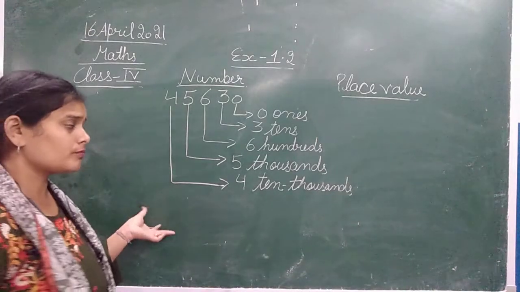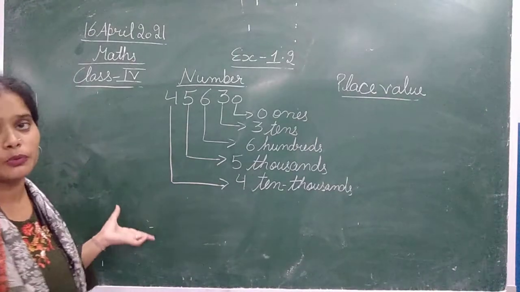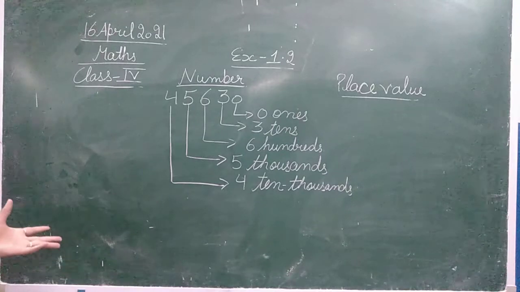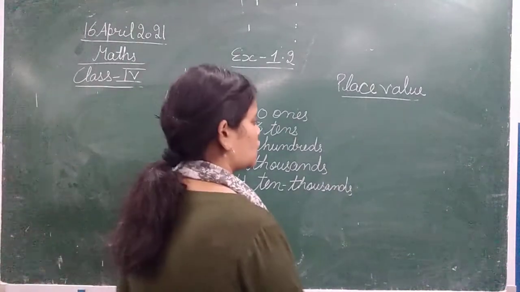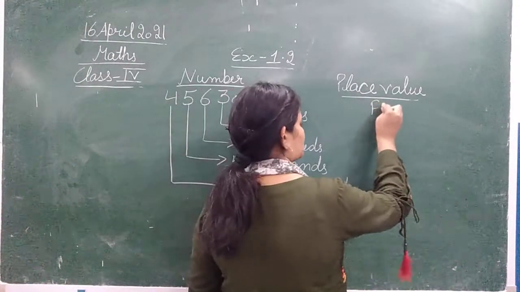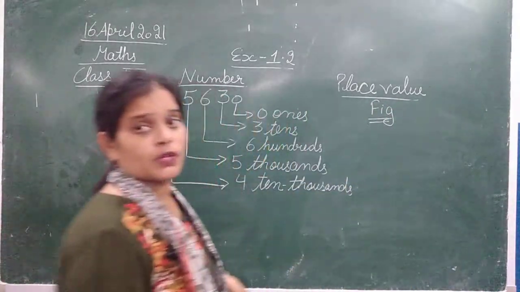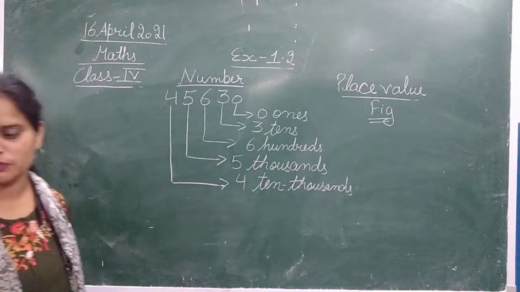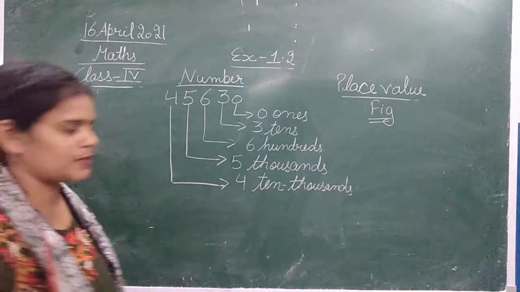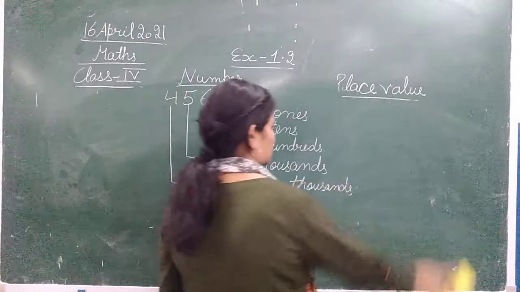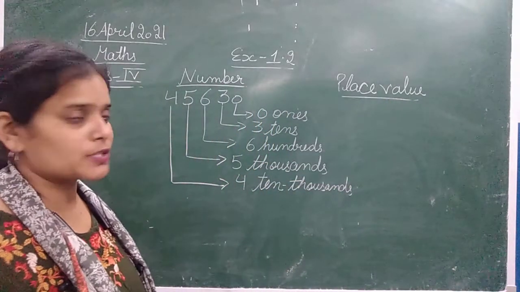Okay. अब इसकी प्लेस वैल्यू अगर हमें लिखना हो तो हम कैसे लिखेंगे? फिगर्स में कैसे लिखेंगे या नंबर्स में कैसे लिखेंगे? Suppose we need to write down the place value in figures. Okay, we need to write down the place value in figures.